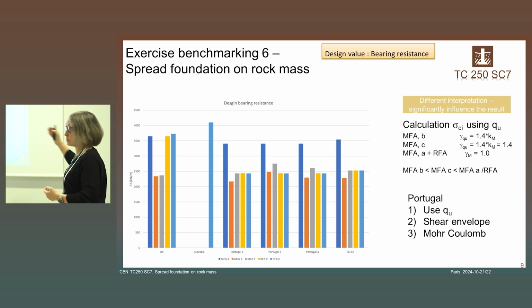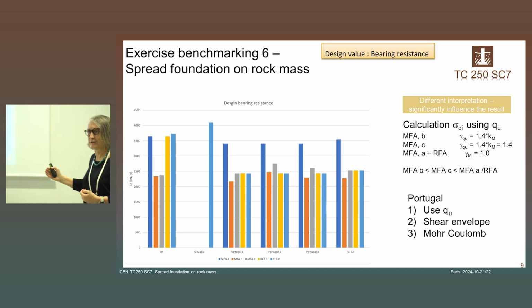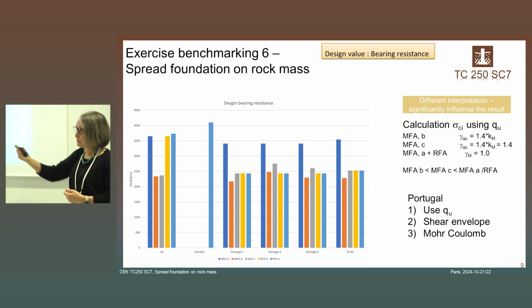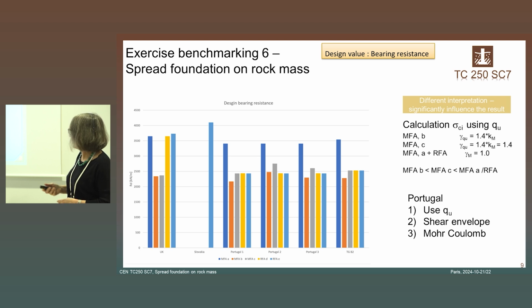I was a little bit surprised to see 3 different ones, and I thought, okay, of course, you can do it like the 3 ones. So how would the engineer know which one to do? Coming back to being the engineer and using your engineering judgment, I guess. But this also shows the necessity for us to be clear in our guidance for the rock engineering community on how to do this.